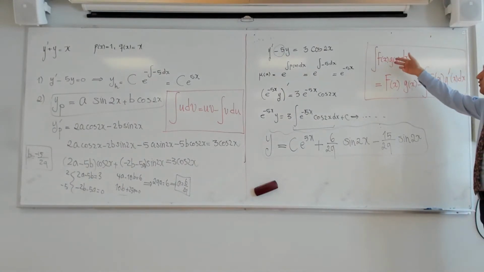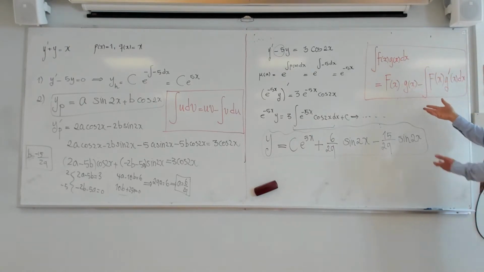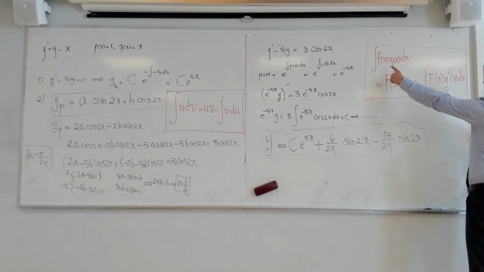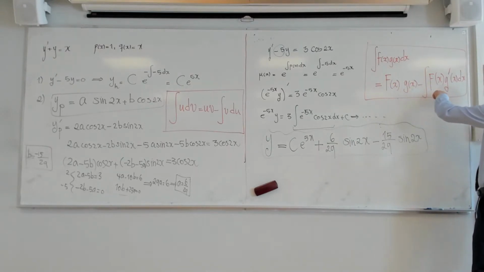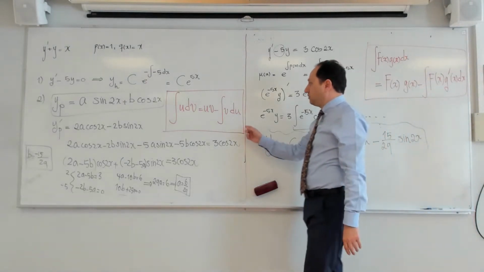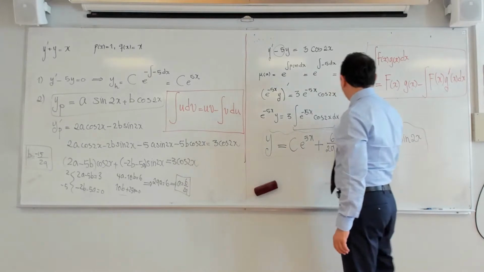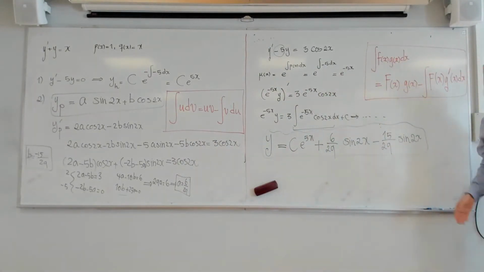Is there any formula for the integral of the product? Even though it's not really a formula because it just reduces an integral to a new integral, I think it is good to have this formula. But later in the university, you will probably see that these two formulas are completely equivalent. They're exactly the same thing.